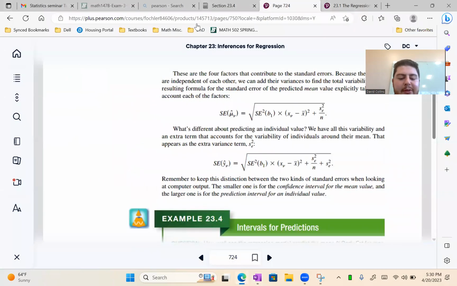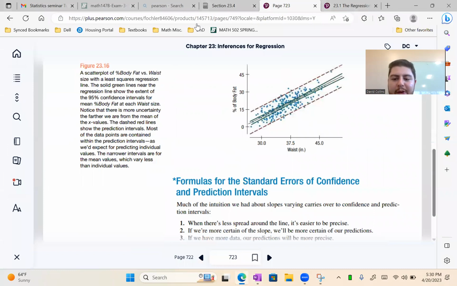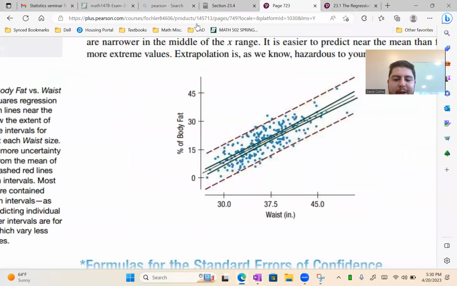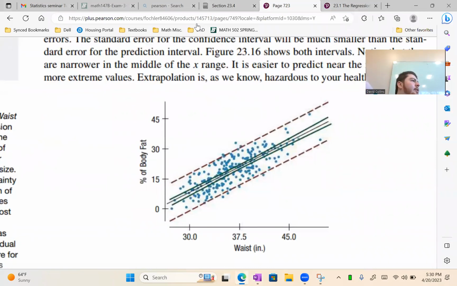I'm gonna go off this page for a second. You'll be given the equation on the quiz anyway. So on this graph, you see in the middle how there's those two green lines around a point. That middle purplish line is the individual value.